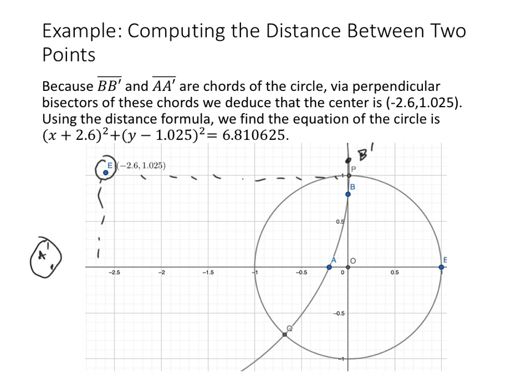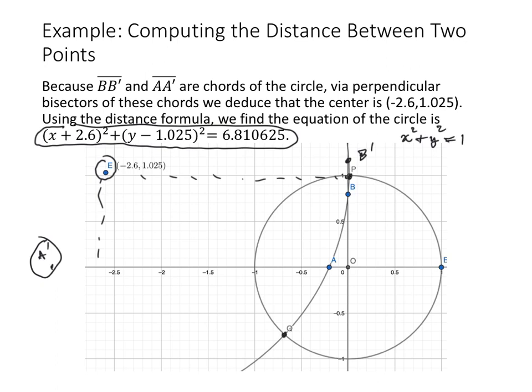So now to find points P and Q, it's a matter of finding the points of intersection between this circle and the unit circle, which is x squared plus y squared equals 1. Those will give us our points P and Q.